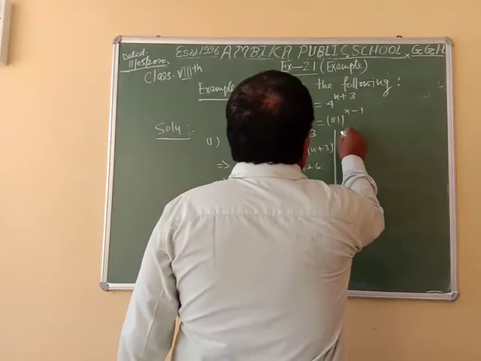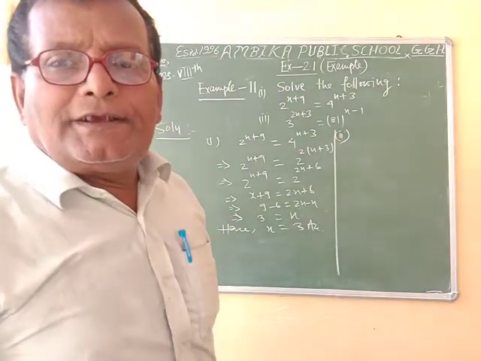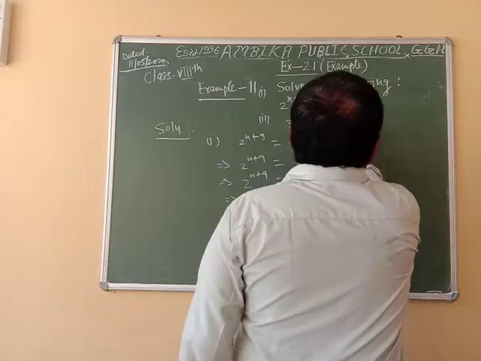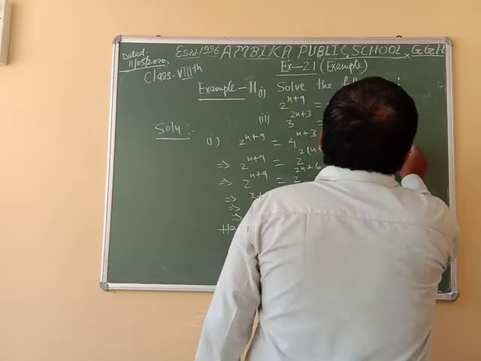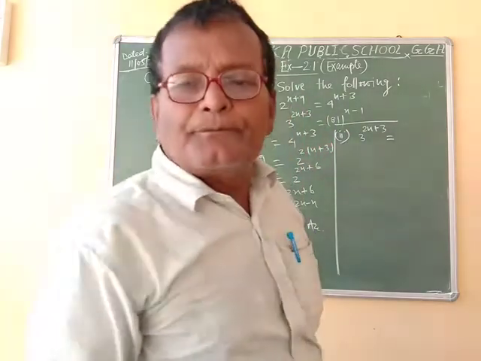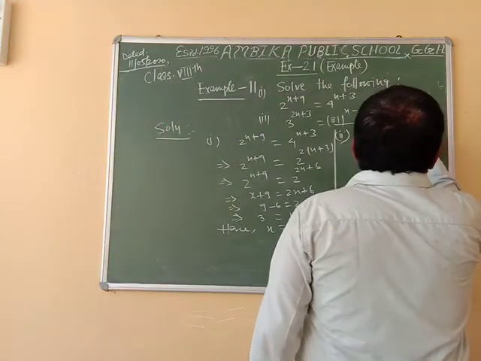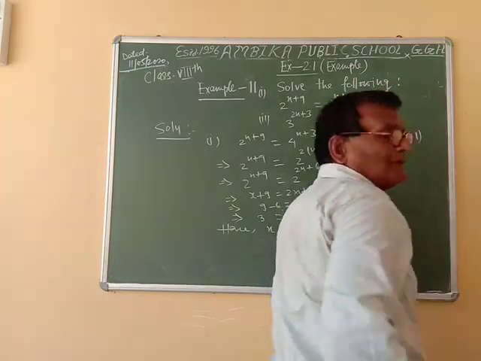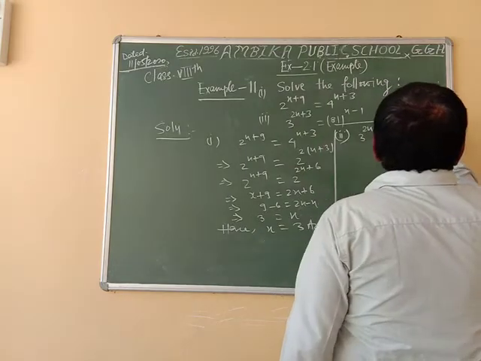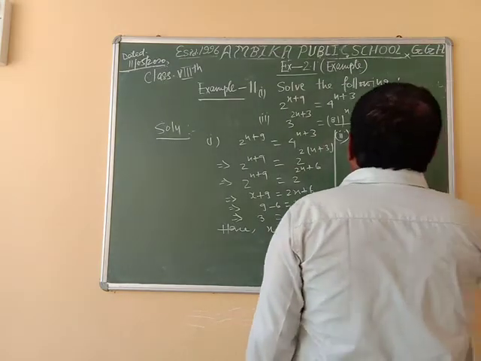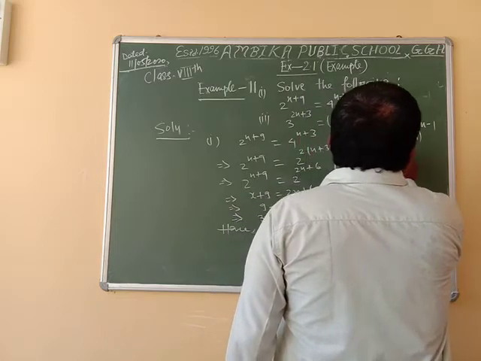Example number 3: 3^(2x+3) is equal to 81^(x-1).